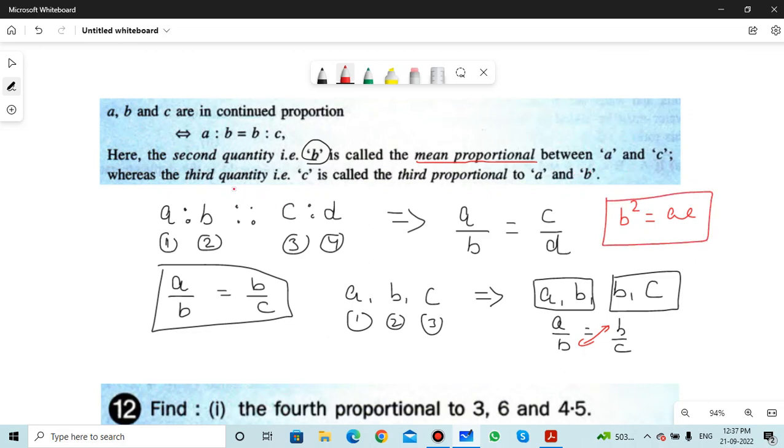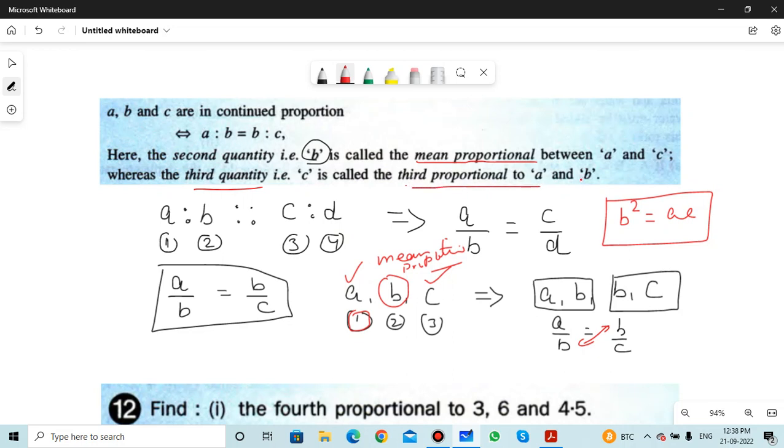A and C are the first and third quantities. You can see this is the third quantity, and this middle one is called the mean proportion. Now C is called the third proportion to A and B. A is the first, B is the second, and C is the third.